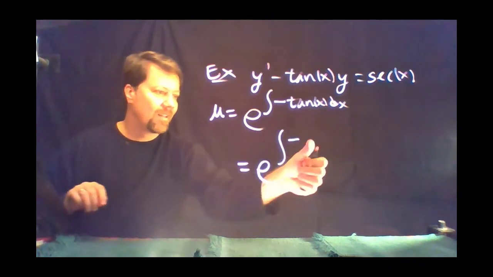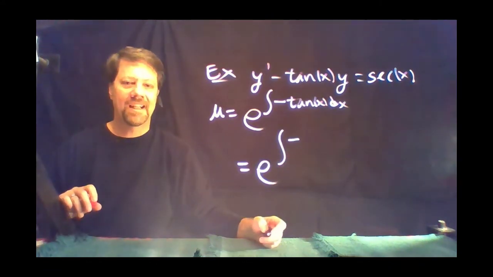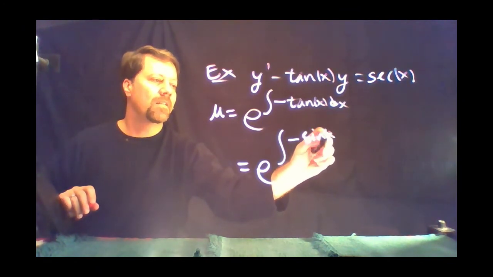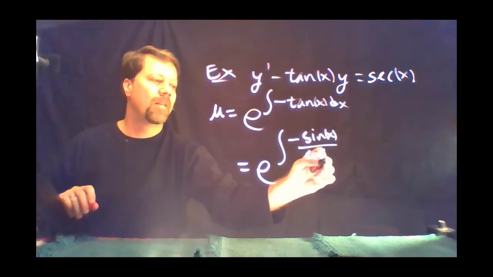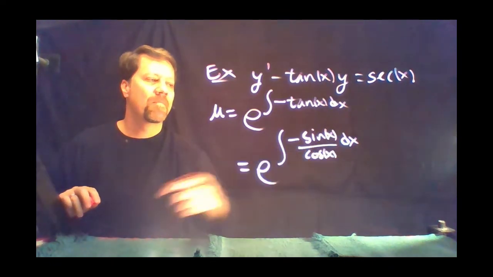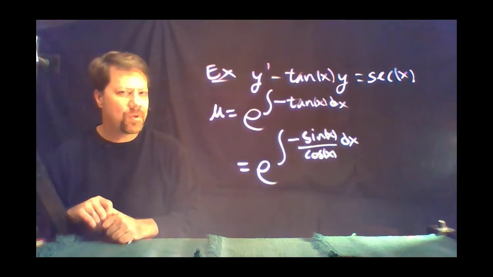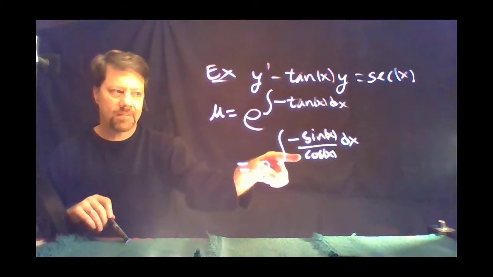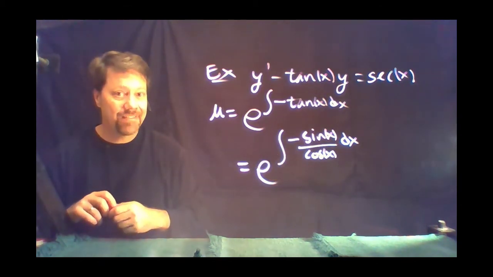Well, you have to break it up into sine of x over cosine of x. What is the derivative of cosine x? Isn't the derivative of cosine exactly negative sine of x?